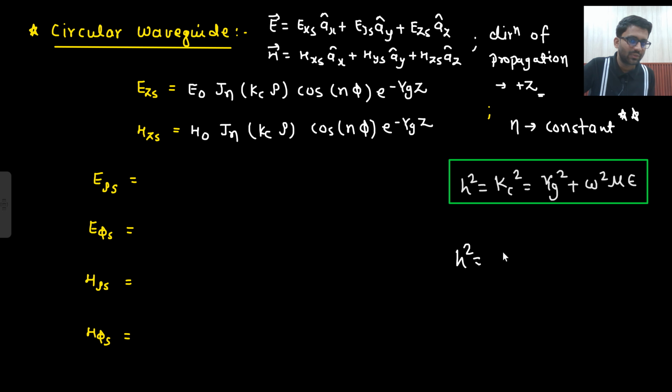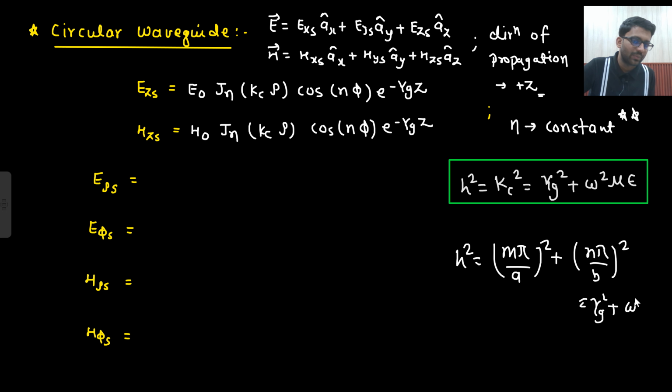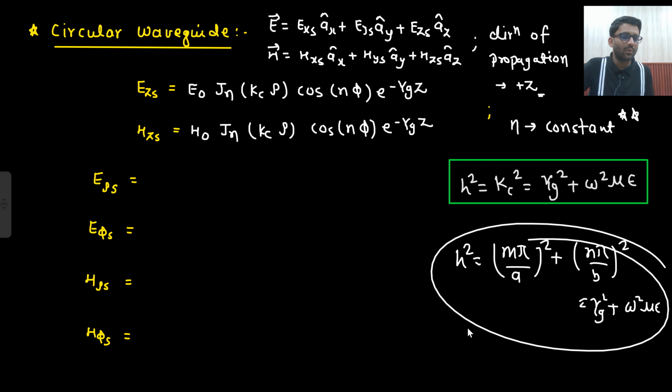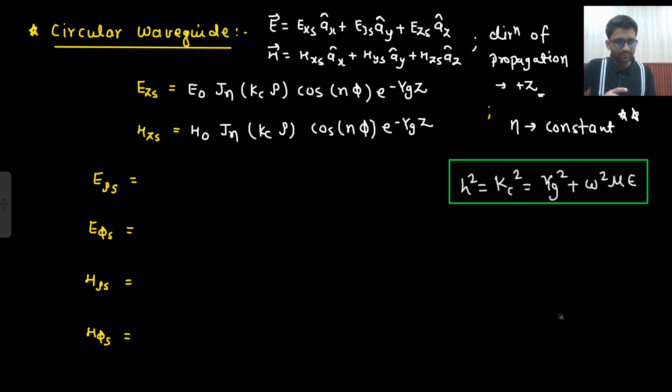H square is equal to kx square, where kx was replaced by m pi by a whole square, and ky was replaced by n pi by b whole square. That was equal to gamma g square plus omega square mu epsilon. From here all the derivation started. Similar thing we are doing here. So here h square is equal to kc square is equal to gamma g square plus omega square mu epsilon.